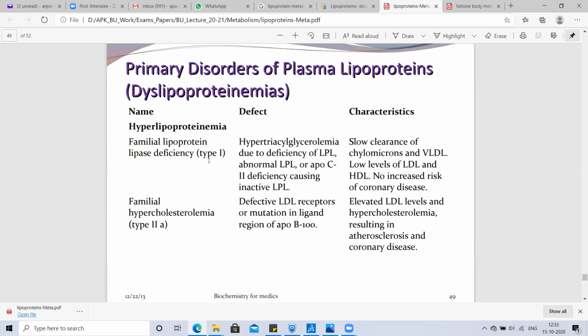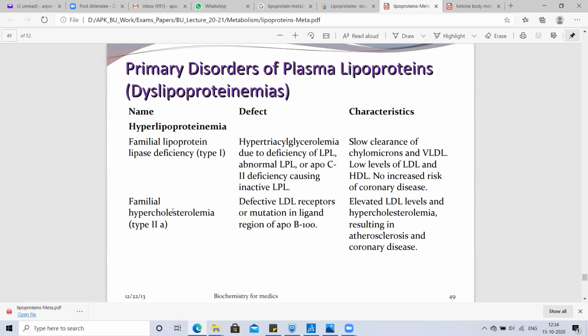The characteristics of this disorder are slow clearance of chylomicrons and VLDL, and low levels of LDL and HDL, with no increased risk of coronary disease. Actually, here the low level of HDL is not harmful, and therefore coronary disease risk is lower in this situation.